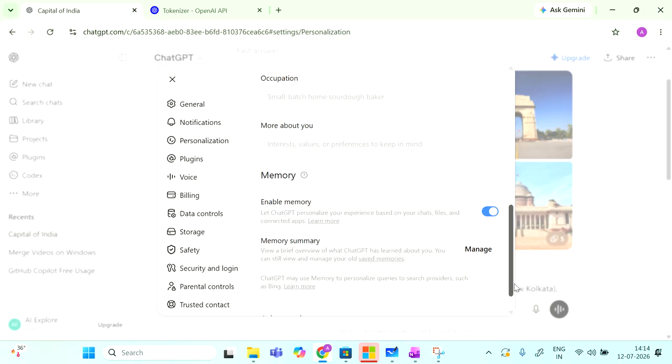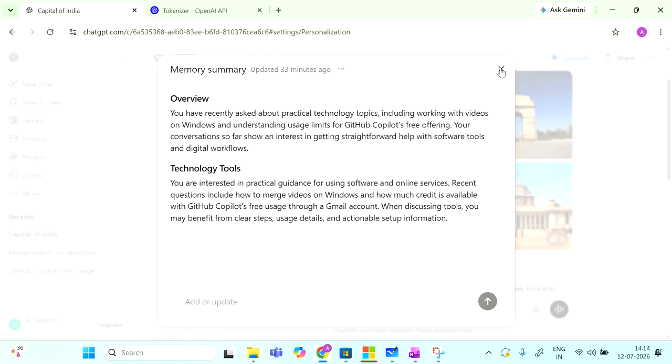So let's see those memories, right? If I click on the manage button, maybe you can go and try with your ChatGPT. Once you click on the manage button, you will see this pop up. In my case, I have very limited information, but in your case, it will hold all your information with respect to your name, your qualification, your education, because this kind of question we generally ask ChatGPT.